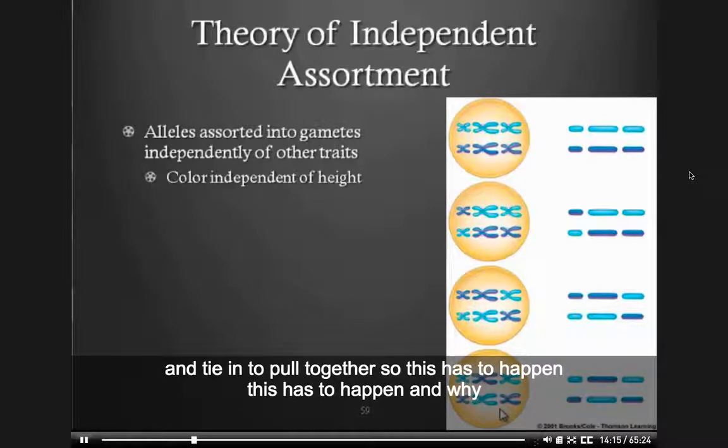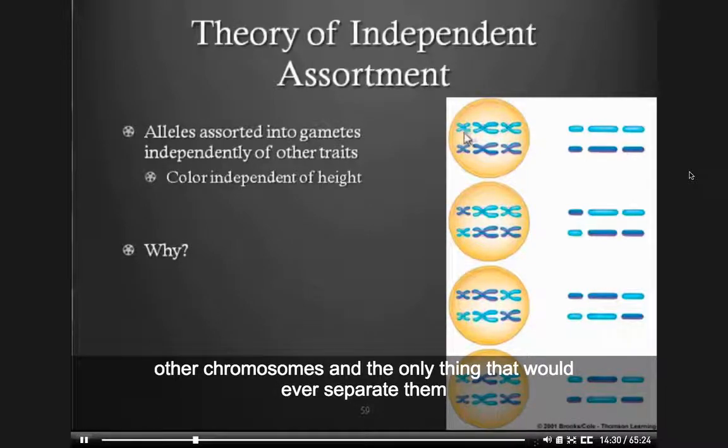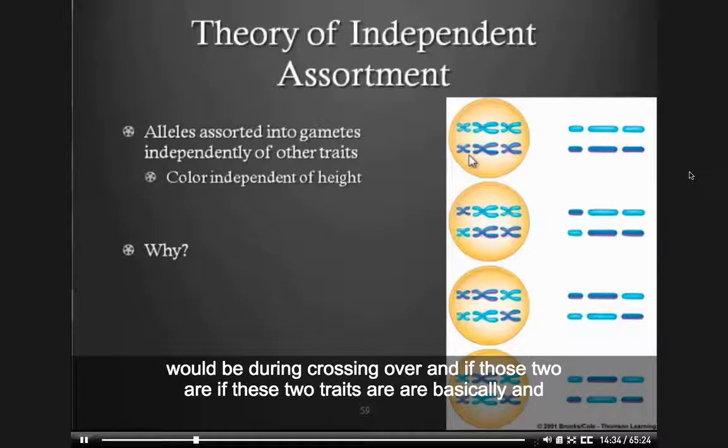So this has to happen. And why? Well, again, if you had color and height both on chromosome 1, then they would never be assorted independently of each other with any other chromosomes, and the only thing that would ever separate them would be crossing over.